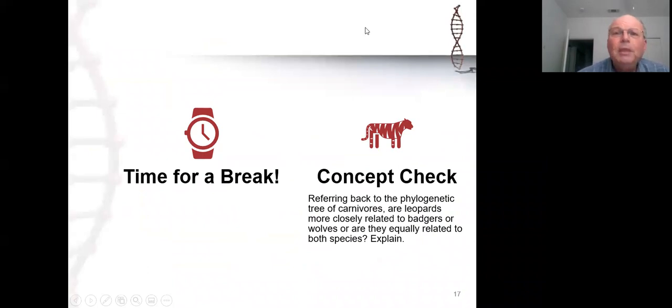Explain the answer. So let me see if I can pause the recording, and we will come back from the break to answer the question. So I'll see you on the other side of the break with the answer to the question.